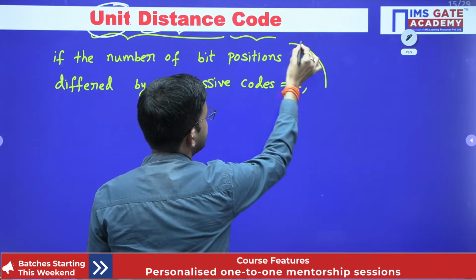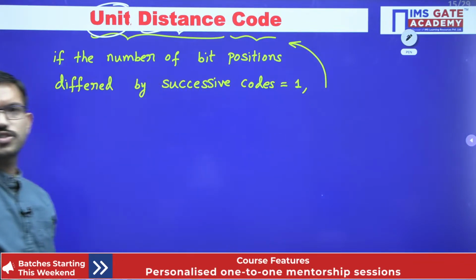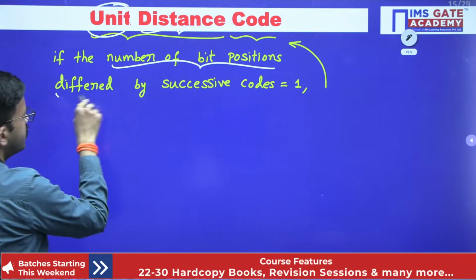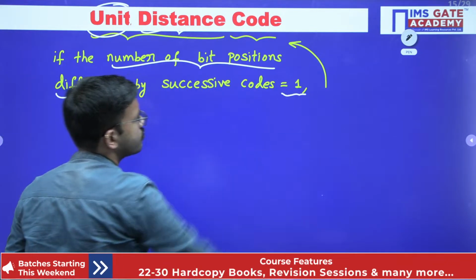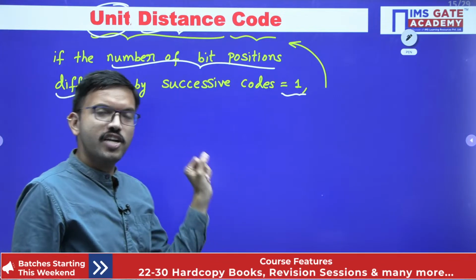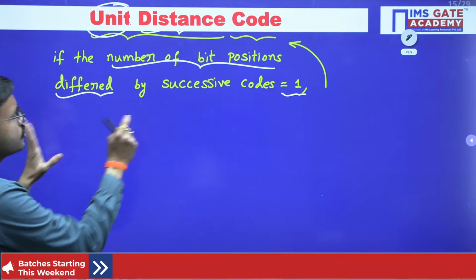Then we will say that particular code is a unit distance code. If the number of bit positions differed by successive codes is equal to 1, that's all, okay. Now let us see how we get it; that is the beauty of unit distance code.